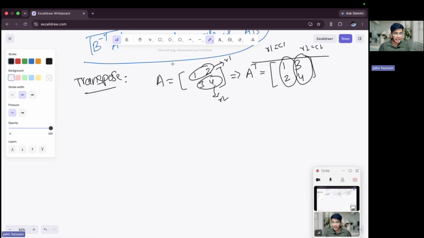Can I write that for the given matrix, let's say A, which has n elements, and each element is being represented as A of ij, then A transpose will be a matrix which will again have n elements, and the representation of this would be A of ji.